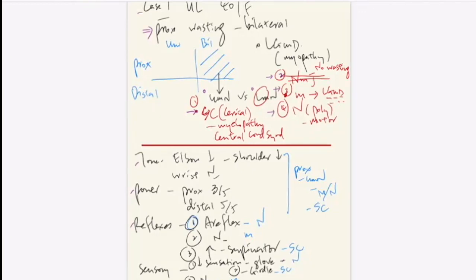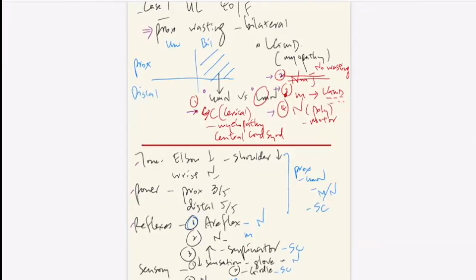The tone was increased. There's absent biceps jerk, but there are brisk supinator and triceps jerks. And there is reduced sensation over the C5 and 6 dermatomal distribution. So my diagnosis is cervical myelopathy, and the differentials include central cord syndrome like syringomyelia, or cervical myelopathy like transverse myelitis or multiple sclerosis.